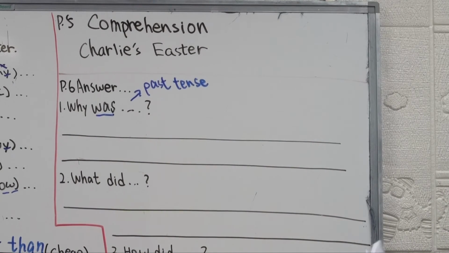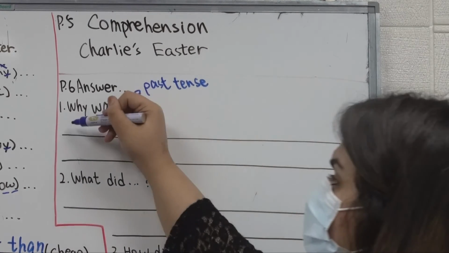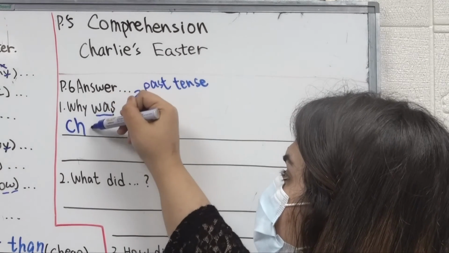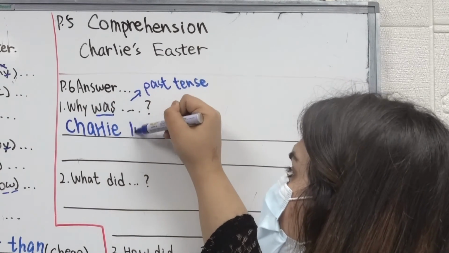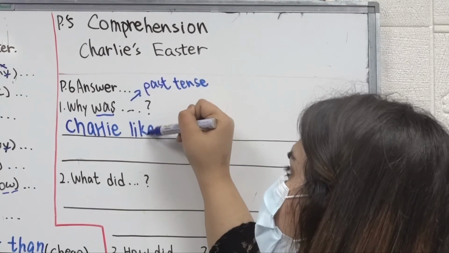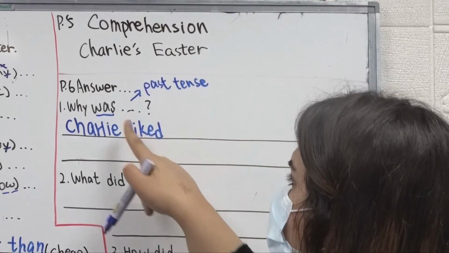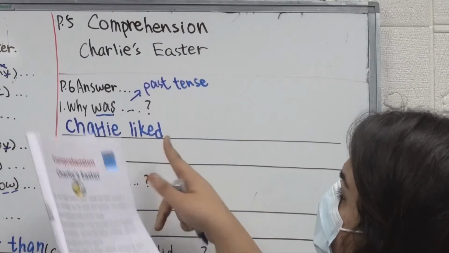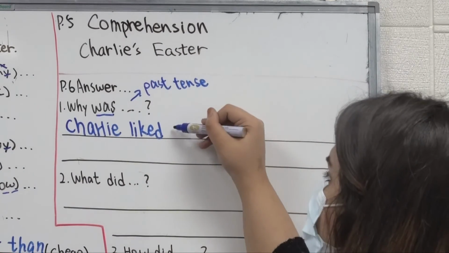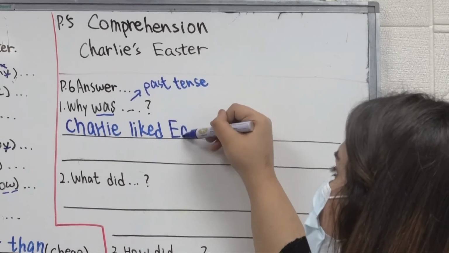You may write that, right? So Charlie liked, according to the paragraph, liked is in past tense already, so you don't really have to change.